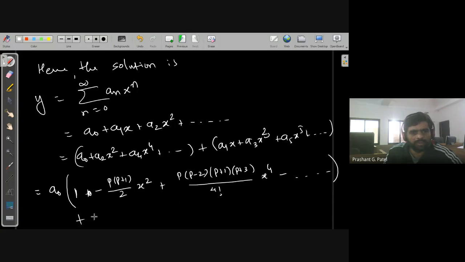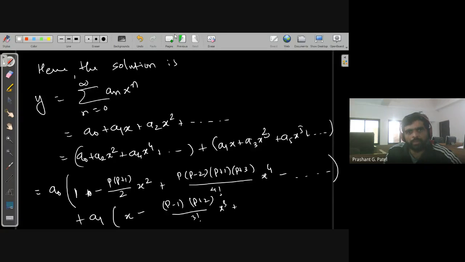Plus a1, which is common, and I can take it out; the coefficient is 1 here. Plus a3, whose value is actually of negative sign: minus of (p minus 1)(p plus 2) upon 3 factorial, x cubed.